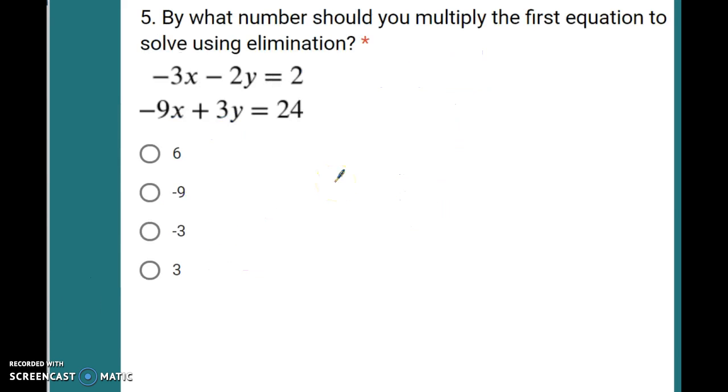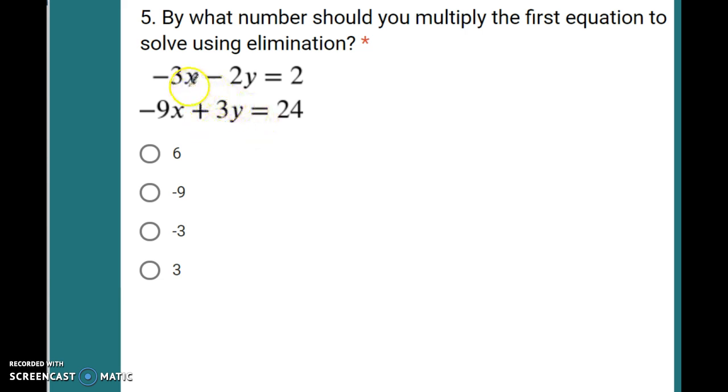In the last problem, it says, by what number should you multiply the first equation to solve using elimination? When I set it up for elimination, I want to make sure that the coefficient in front of one of my variables is positive in one equation and negative in the other. I would have to multiply both equations by something to eliminate the y's.